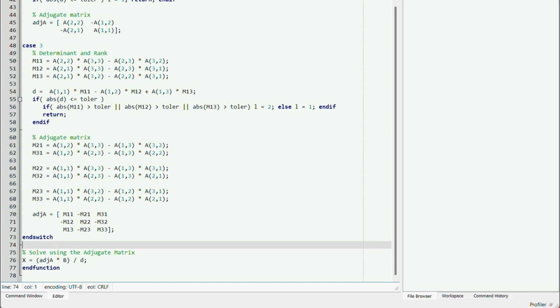But the advantage with the adjugate matrix is that it can deal with a set of images using one single matrix. You calculate it only once, and it is the most expensive operation in the algorithm, calculating the adjugate matrix. So let's test it.